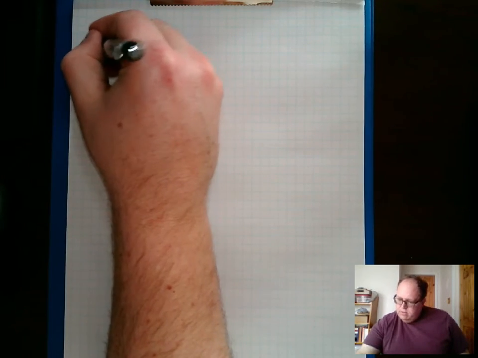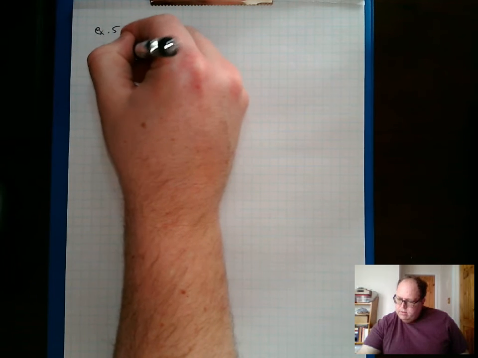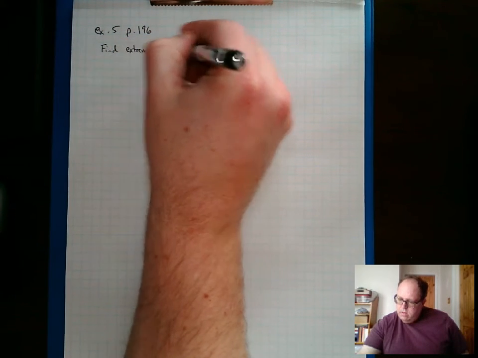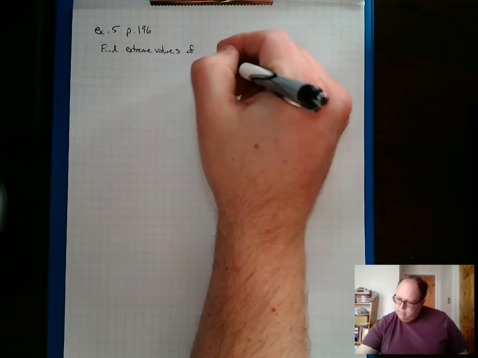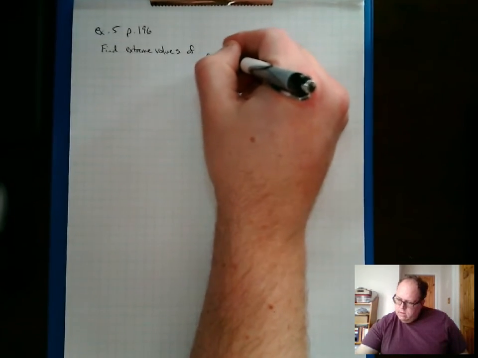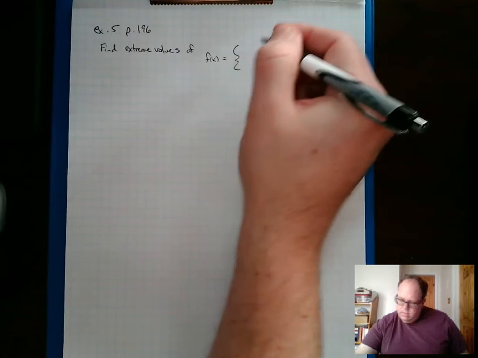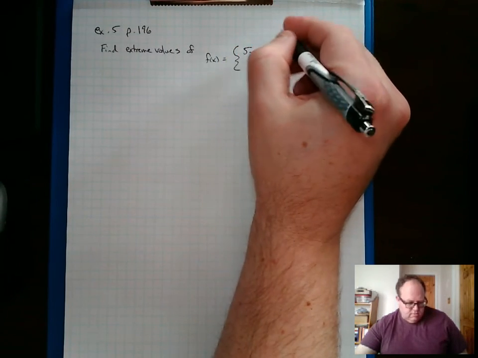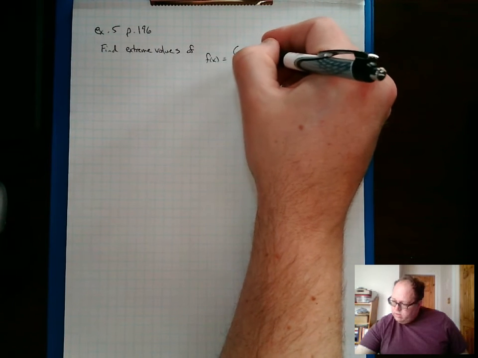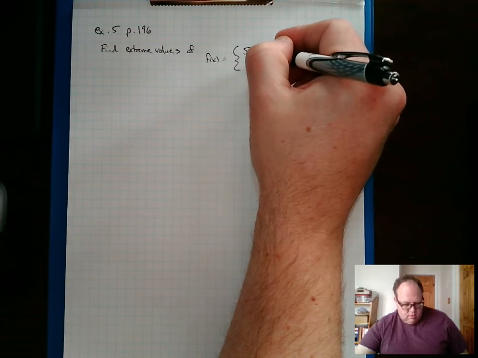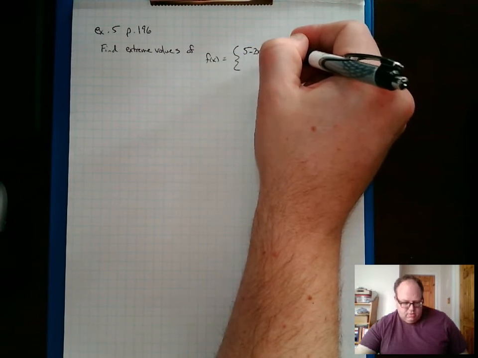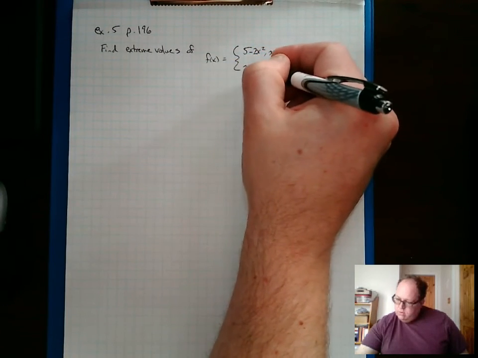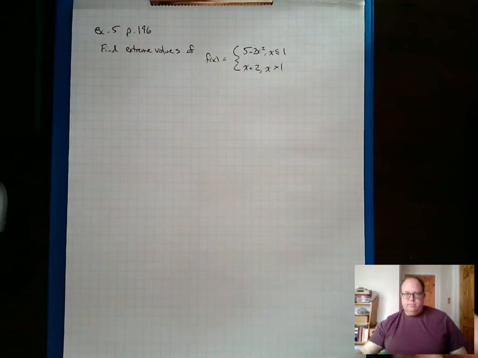And this is to find extreme values of 5 minus 2x squared, when x is less than or equal to 1, and x plus 2 when x is greater than 1.